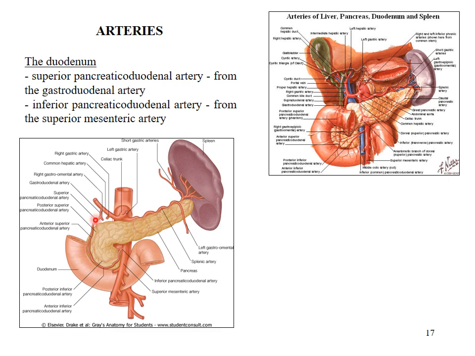It has two branches, anterior and posterior, and these two branches form an anastomotic network on the anterior and posterior surface of the head of the pancreas, near the duodenum.